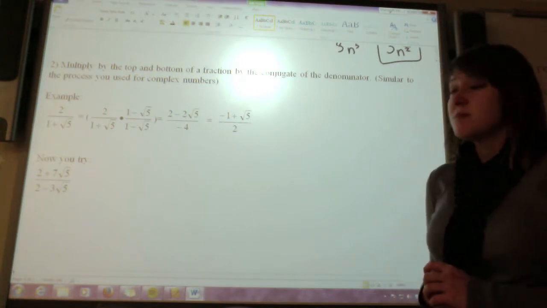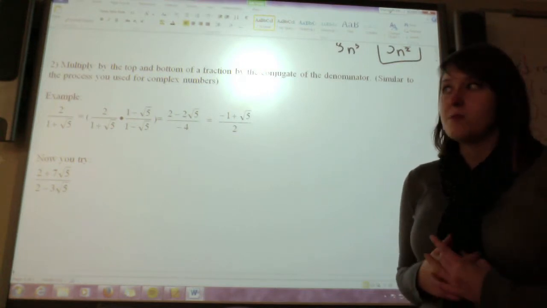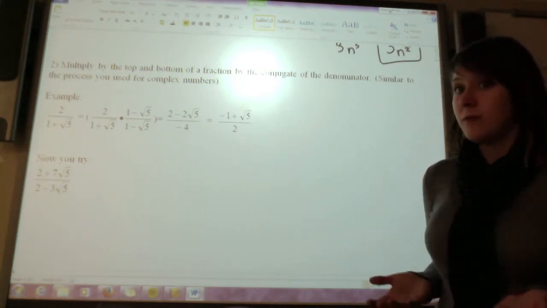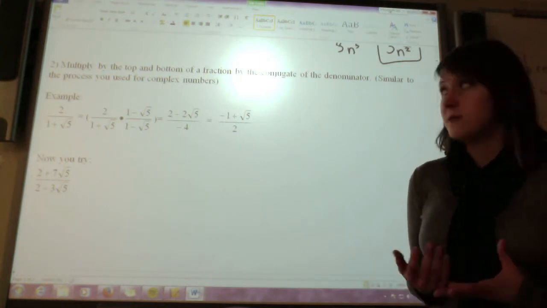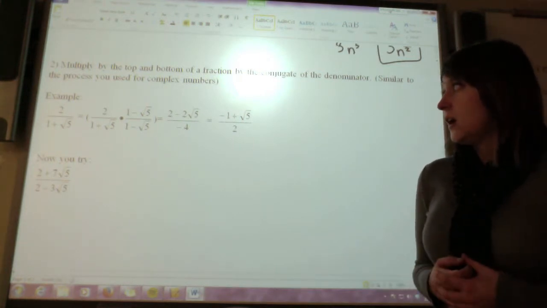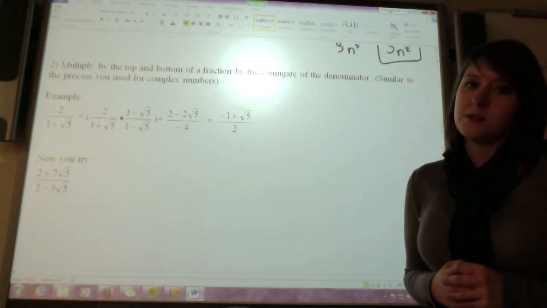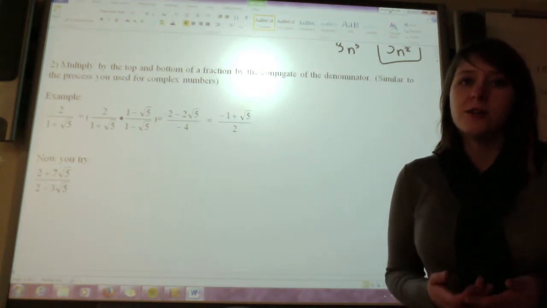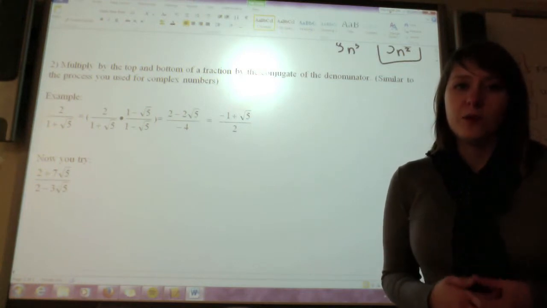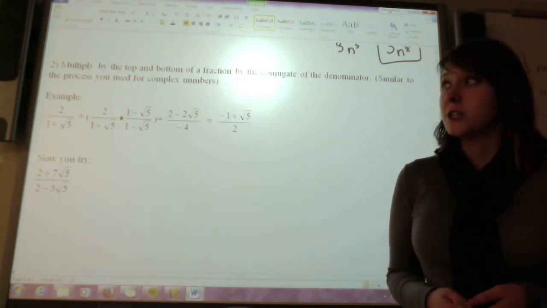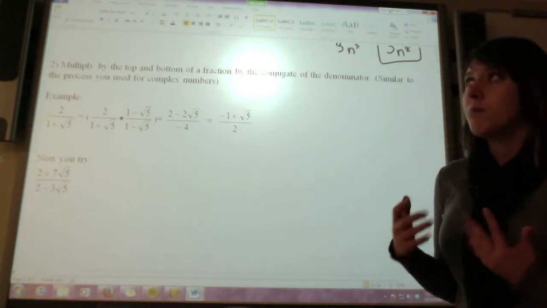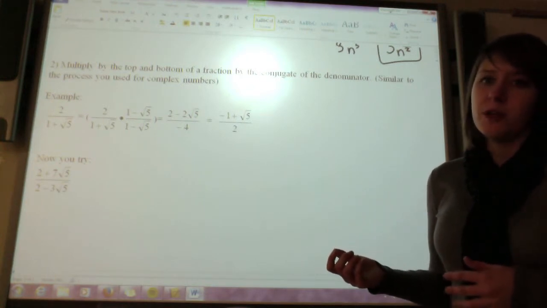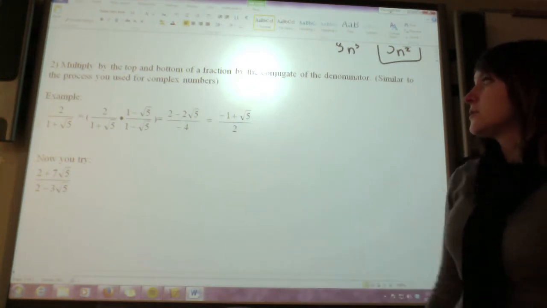We can do the same thing with these types of radical fractions, things in radical notation, in order to get rid of those radical signs. So if you have something where you're adding or subtracting a radical in your denominator, you have to multiply by the conjugate, which would be like 1 minus the square root of 5 instead of 1 plus the square root of 5. So here's your first example.